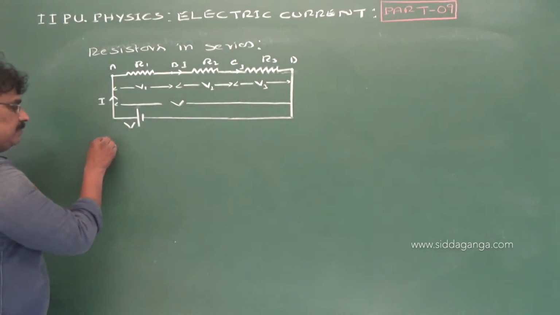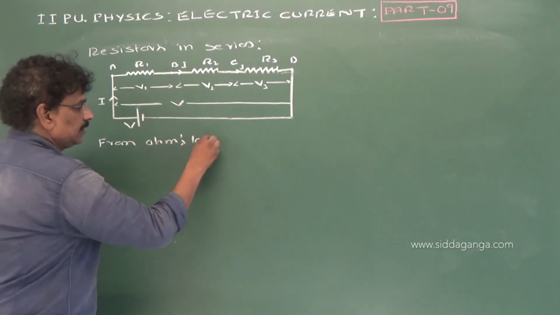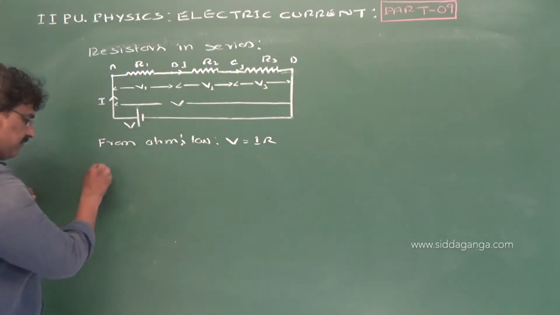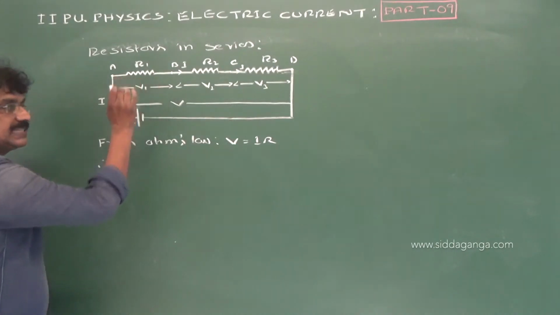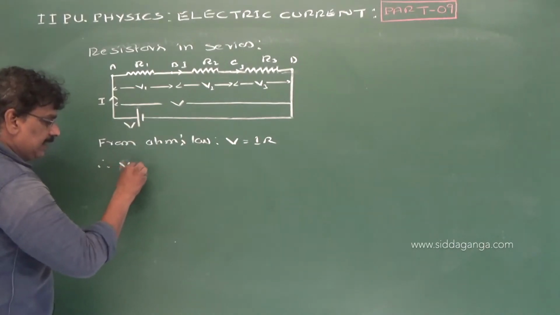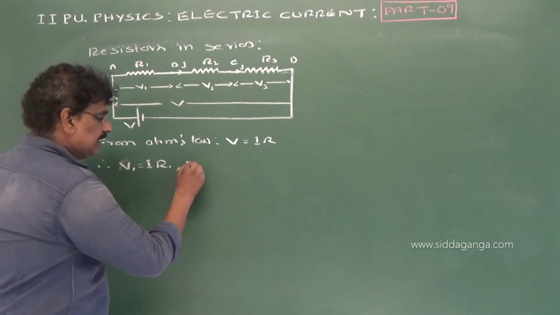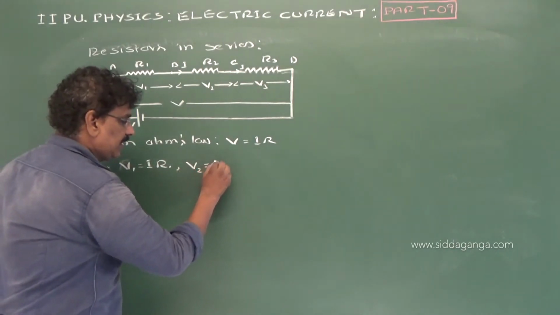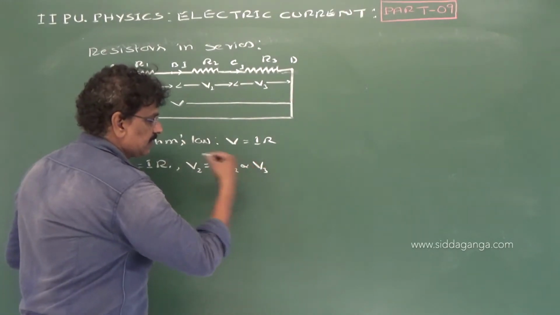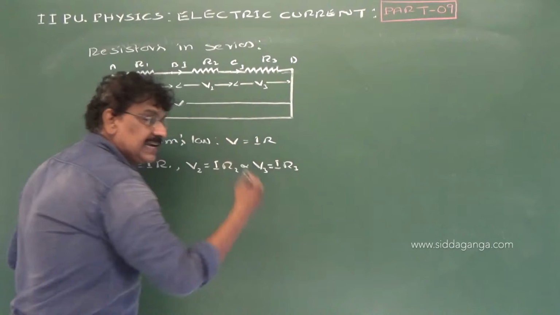Now, we have from Ohm's law, V is equal to IR. Therefore, potential difference across R1, that is V1, is equal to IR1, potential difference across R2, V2, is equal to IR2, and potential difference across R3, V3, is equal to I into R3.